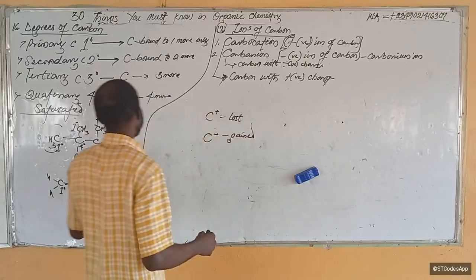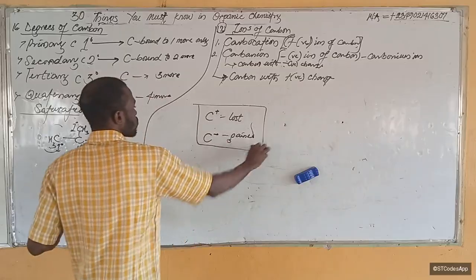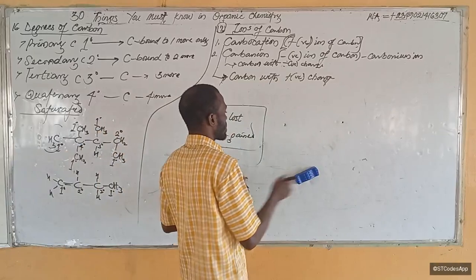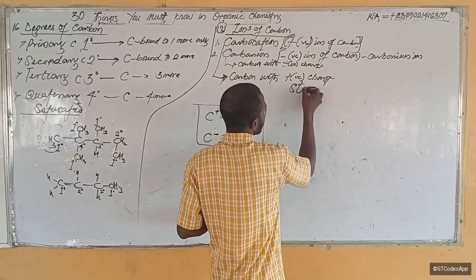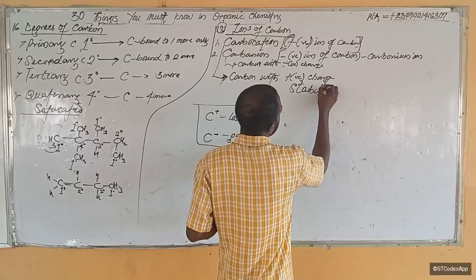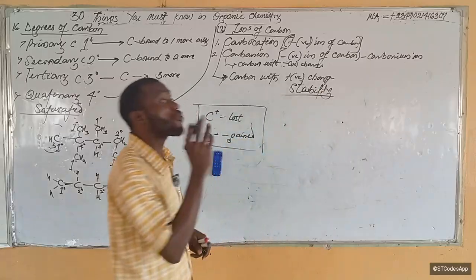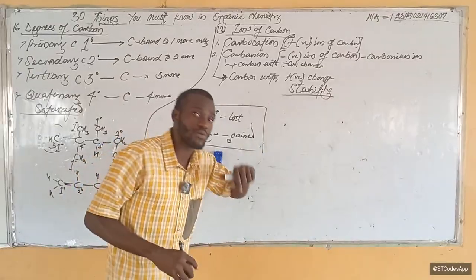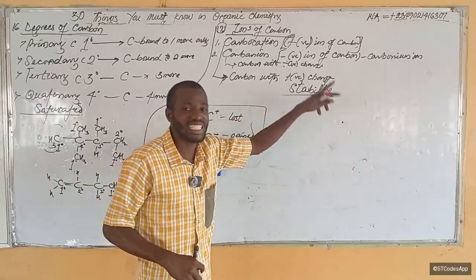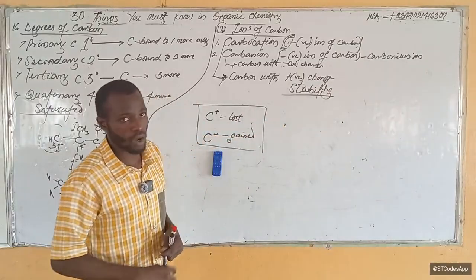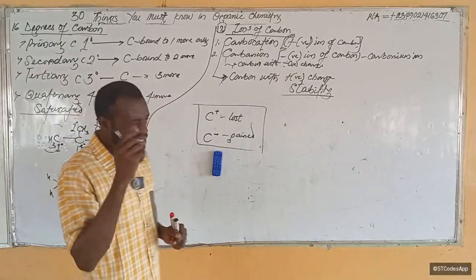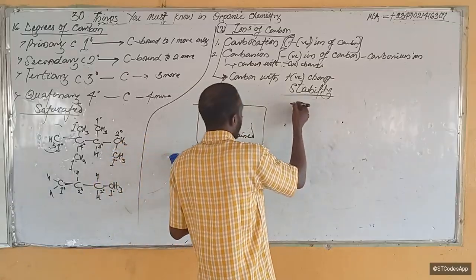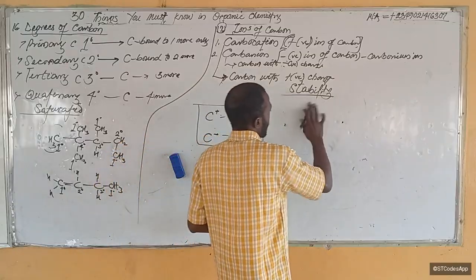But now, giving them degrees. Depending on the degrees, we usually talk about their stability, because whether this carbocation or carbanion will be formed or not depends on their stability. For example, let's begin with carbocation.